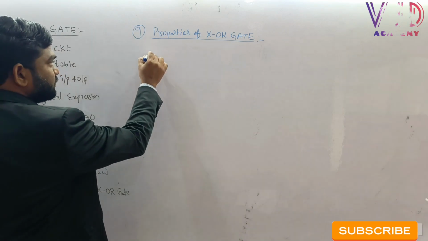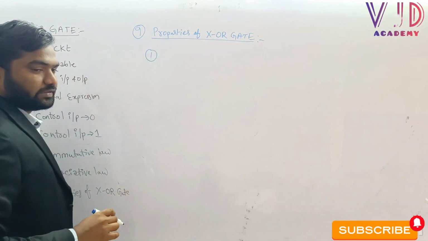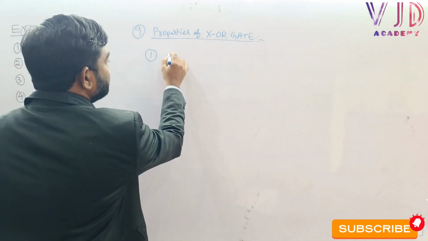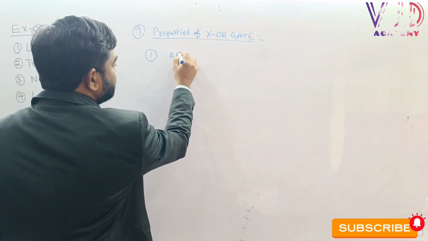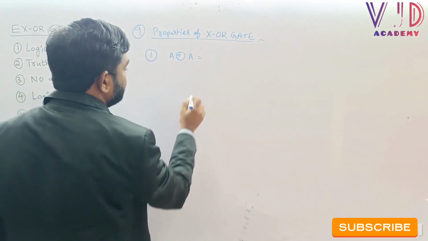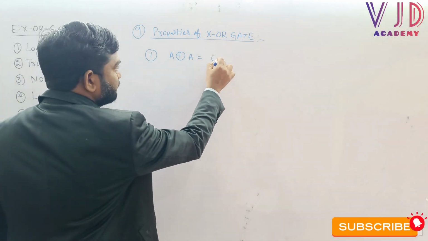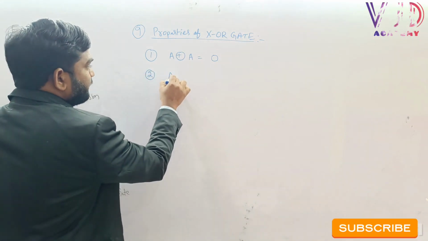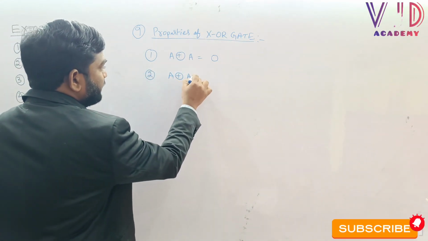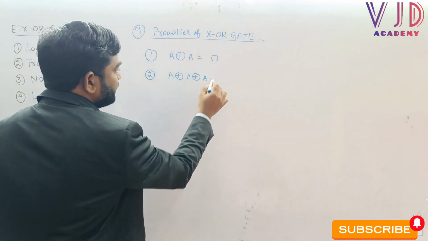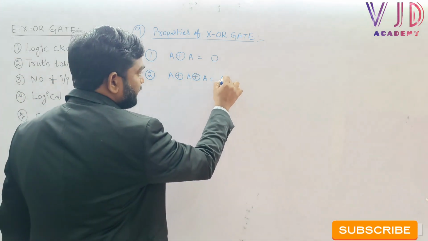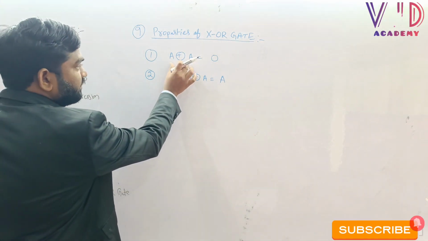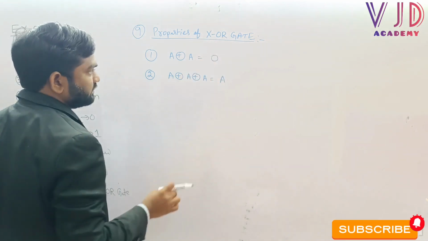The first property is for XOR gate: if we connect an even number of the same inputs, which means A XOR A, we get output as 0. When we connect the same inputs in an even number, the output is 0.